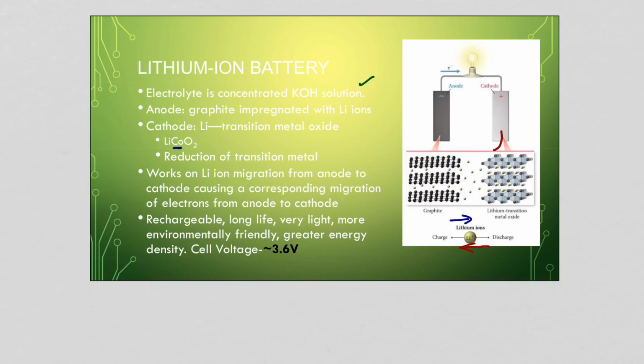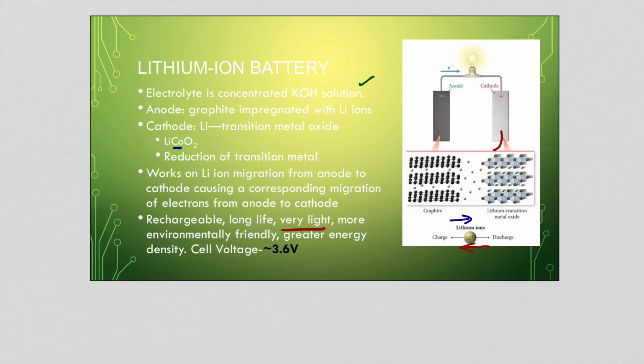So this is a really, really common type of battery now that's finding a lot of use, especially in portable electronics, like cell phones and laptops and iPads and all of that good stuff. They have a very long life. They are extremely light, right? If you look at the lithium, it's a very lightweight metal compared to a lot of the metals that we're using in these other batteries.